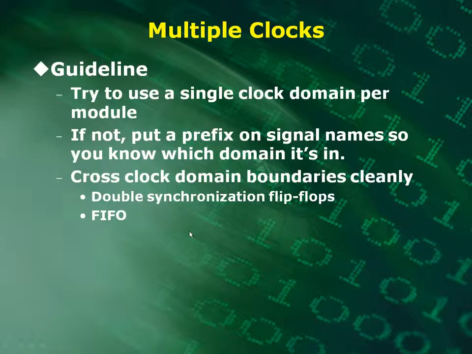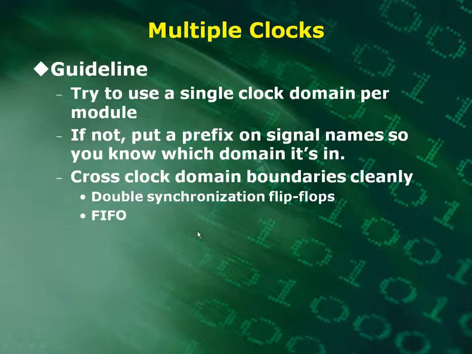It's very important that when you cross clock domain boundaries you do it very cleanly. A couple of methods are FIFO or double synchronization flip-flops. Of course, if you're going from a fast domain into a slower domain, you might not be able to do the double flip-flop. You may have to do something different. Let's say in the fast domain you're running at 10 megahertz, and in the slow domain at 1 megahertz.